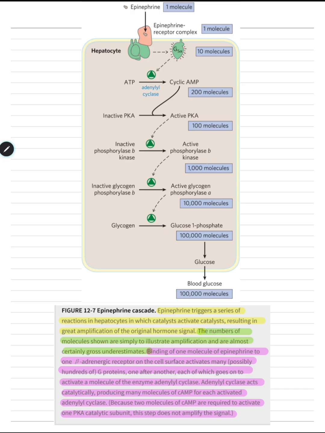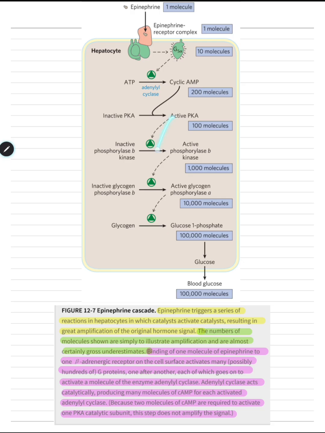phosphorylases, the enzyme or the substrate protein, and then that substrate protein has an effect. Here, glycogen phosphorylase is active in the phosphorylated state.